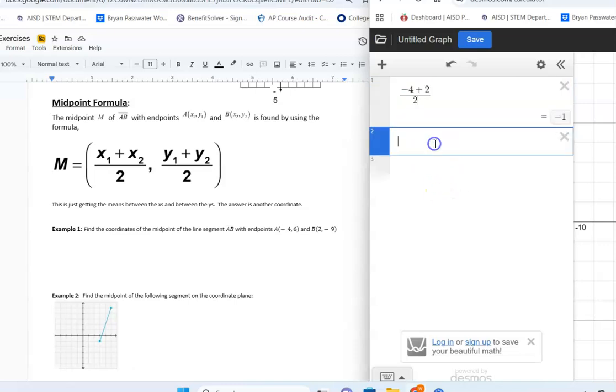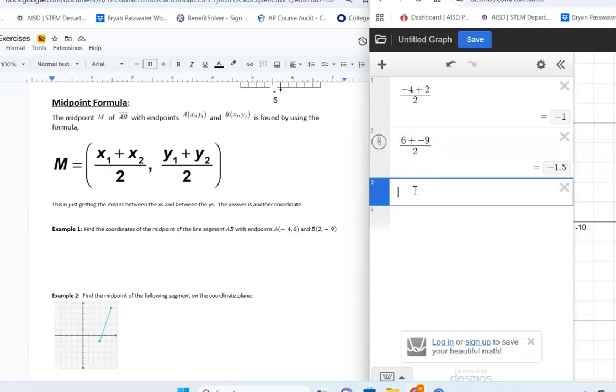That means -1 is the x value of the midpoint. And then you do the mean of the y values, and that gives you -1.5. So that means that the midpoint of A and B in that specific example would be -1, -1.5. And that would be the answer for that example.